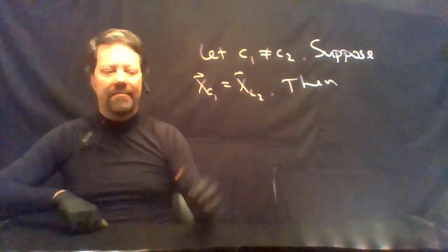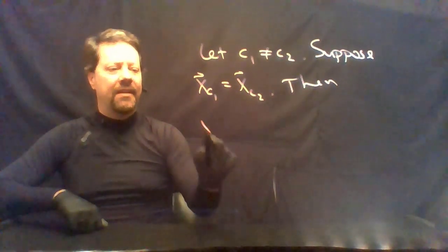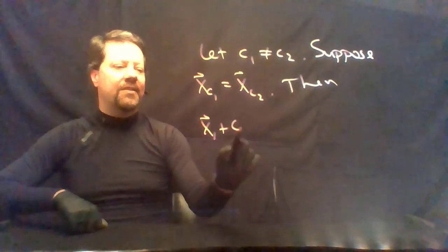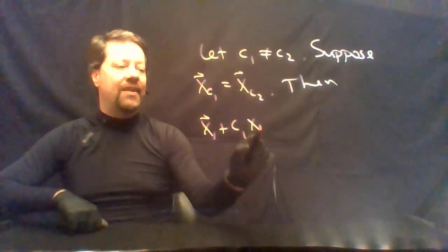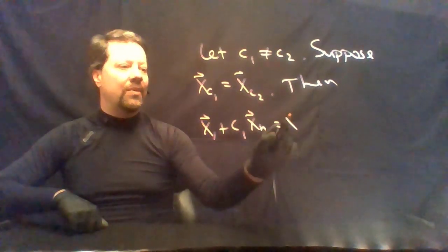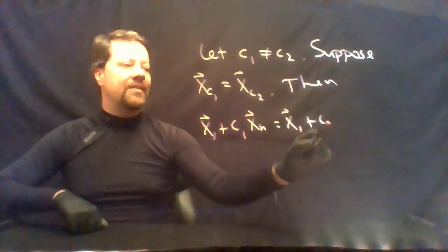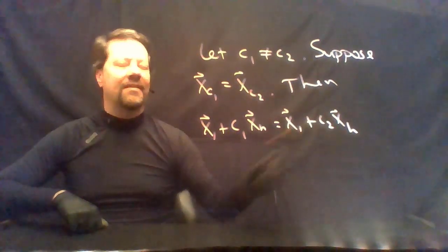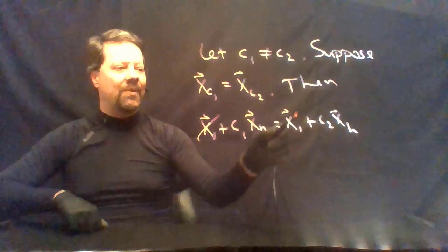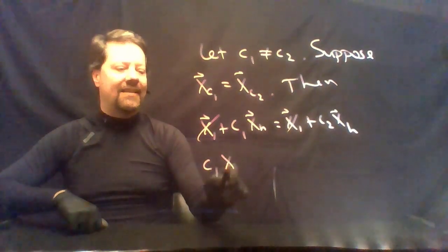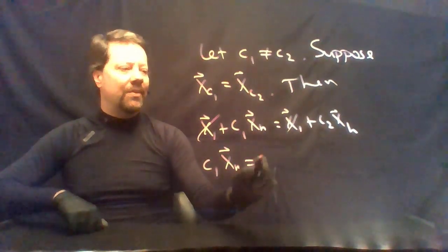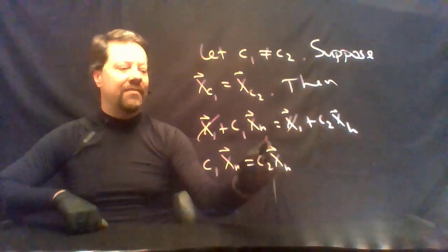What does that mean? It means x1 plus c1 times x sub h equals x1 plus c2 times x sub h. You can see the x1s will cancel, and I'll have c1xh equals c2xh.